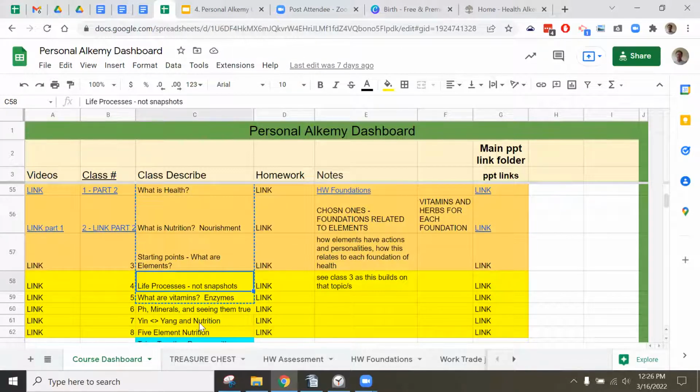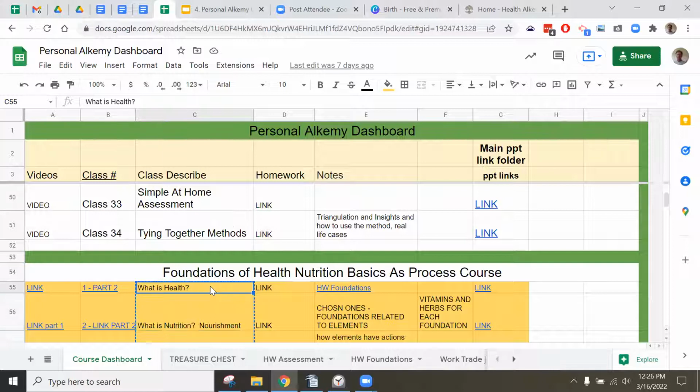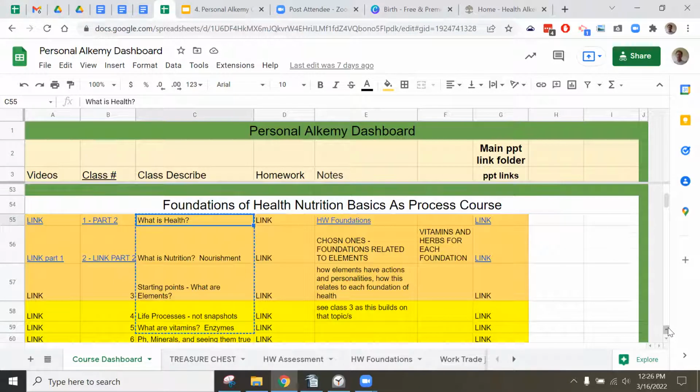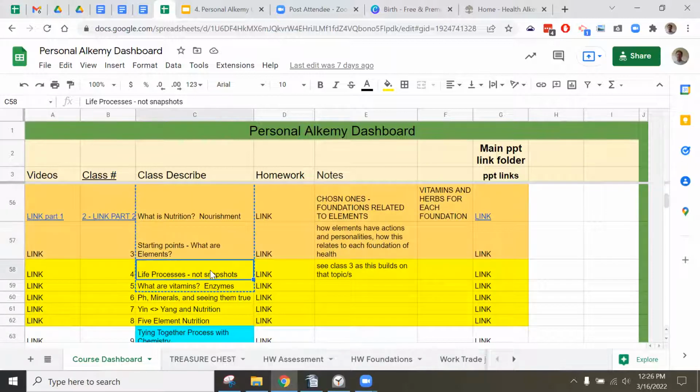Maybe these first 6, 7, 8 here that I have sort of outlined. You have to start with what is health, because if you don't establish a context for how we see health, it doesn't really work. And then what is nutrition? These could be in the same class. Then what are elements? And then how do elements relate to life processes?